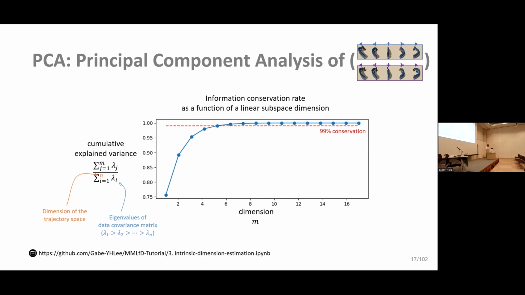It is upper bounded by 1 and monotonically increases as m increases. We can see that when m is about 5, it captures 99% of the data variability of this simple pouring data set. In other words, there exists a 5-dimensional linear subspace that fits this pouring data set almost perfectly. This is good. We've already figured out this data set lies in a much lower dimensional subspace than the original high-dimensional trajectory space.